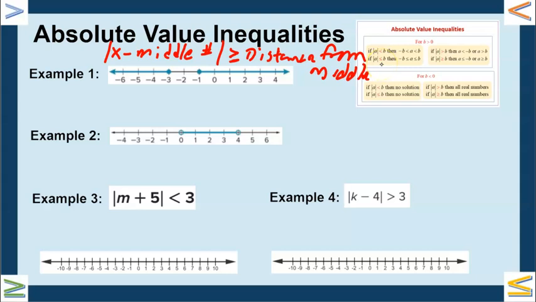So I'm going to start off with my absolute value, x minus, and I know this is greater than or equal to because they're going in opposite directions. The middle number is a -2, and from -2 to get to -1, or from -2 to get to -3, they're a difference of 1.